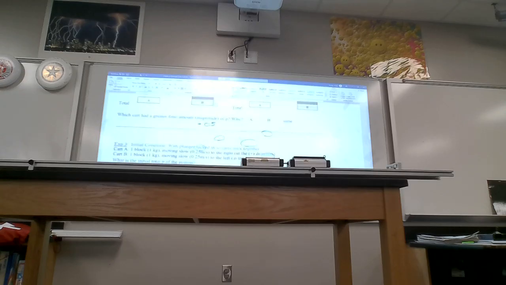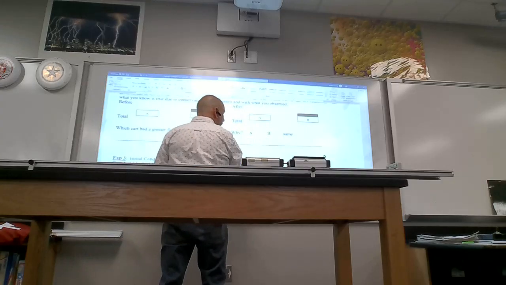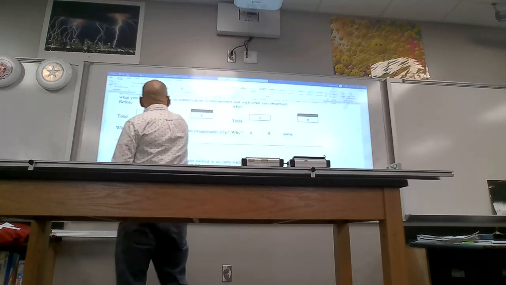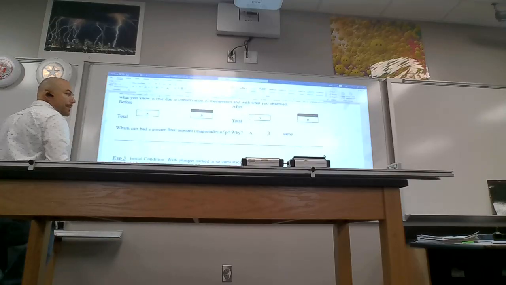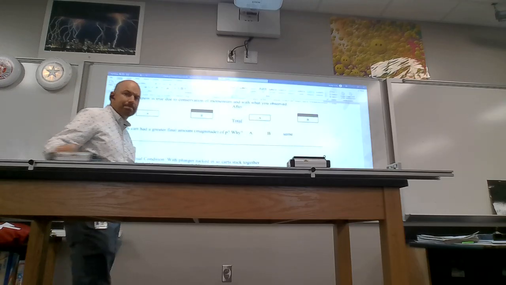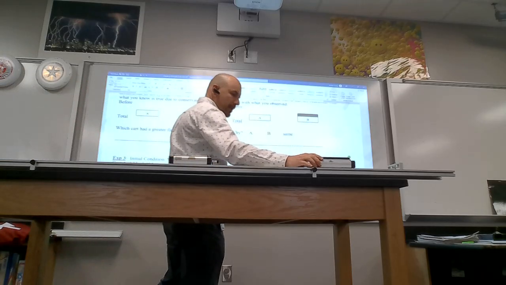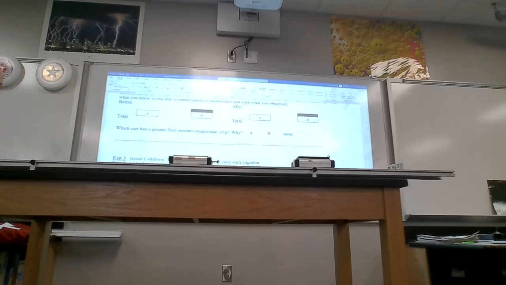All right. I want you to fill out this momentum vector diagram, based on what you see and constrained with the measurements. And then answer that final question.